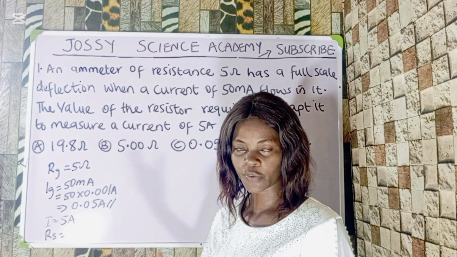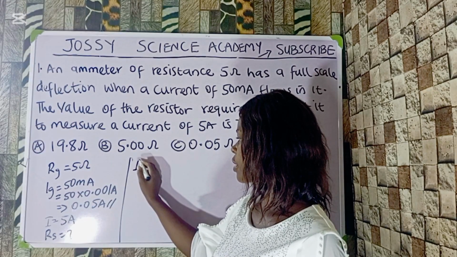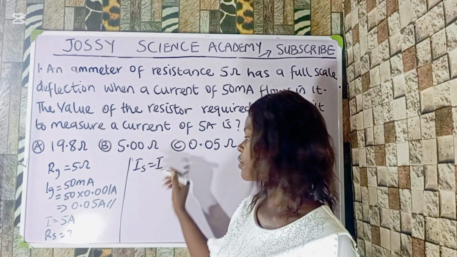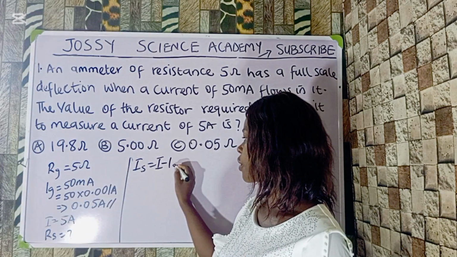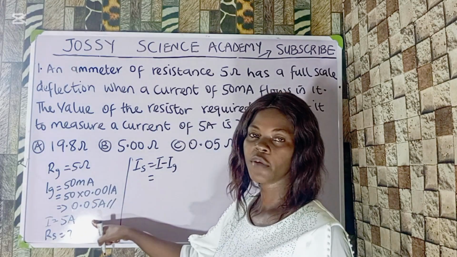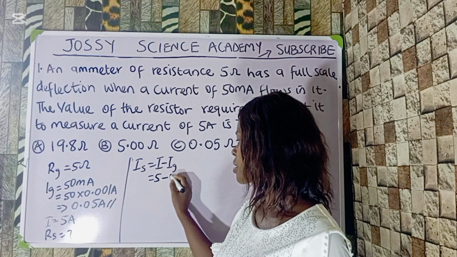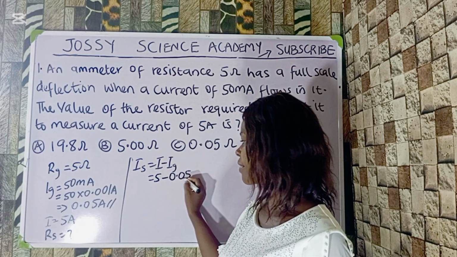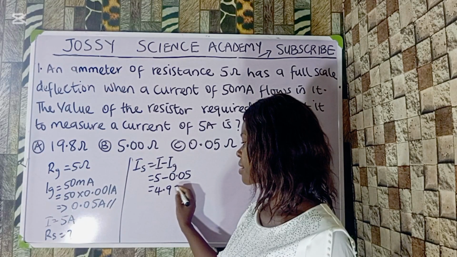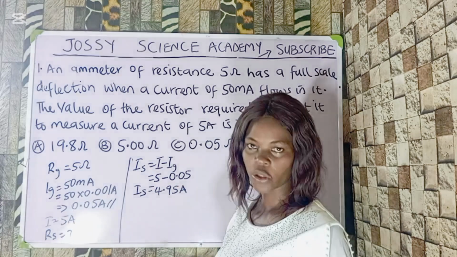The current of the shunt is equal to the current flowing through the circuit minus the current of the galvanometer. Simply by saying the current flowing through the circuit is 5 amperes minus 0.05, this is going to give us 4.95 amperes. This is the current of the shunt.